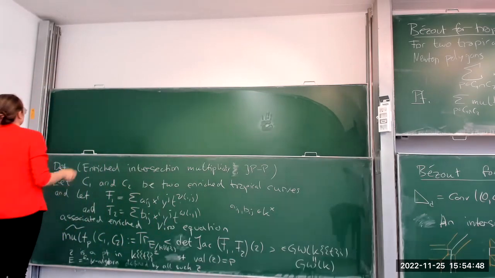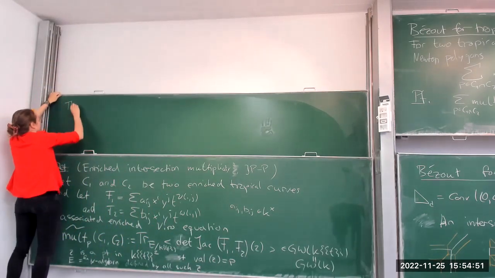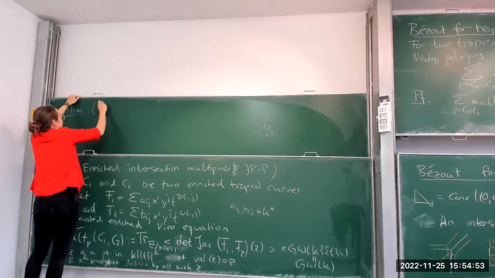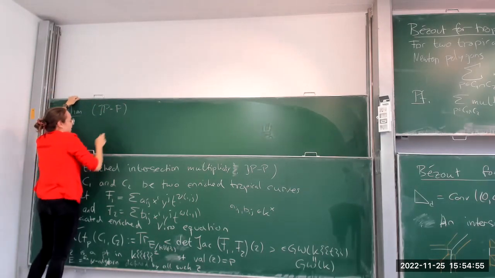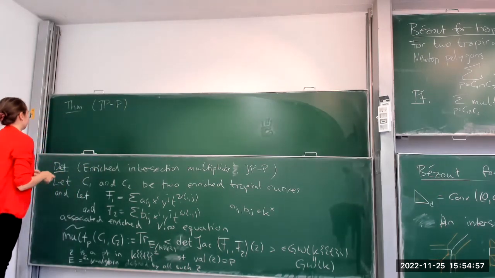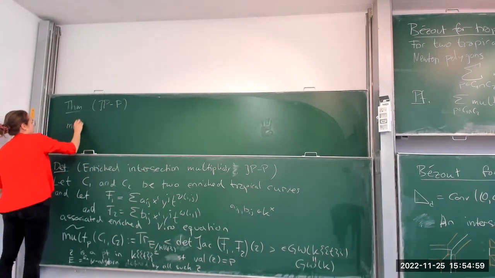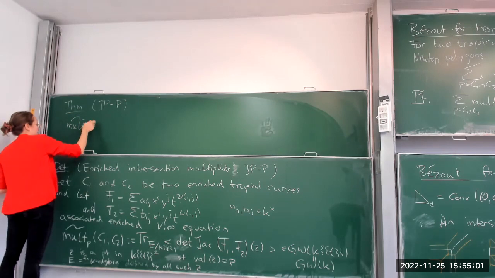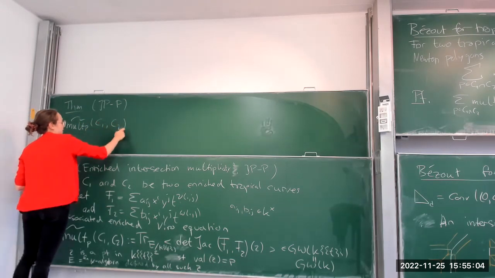So, the theorem is the following, namely that this enriched intersection multiplicity, then just in combinatorial terms, is the following.